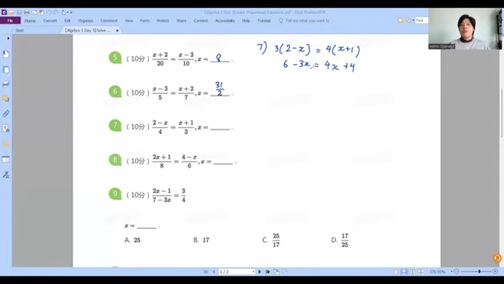Alright, I'm moving my x terms to the right this time and my non-x terms to the left. Just so, again, I can work with positive numbers. Whoops, this is x minus 4. And here I'd have 4x plus 3x. 6 minus 4, it's going to be 2. 4x plus 3x, that's going to be 7x.